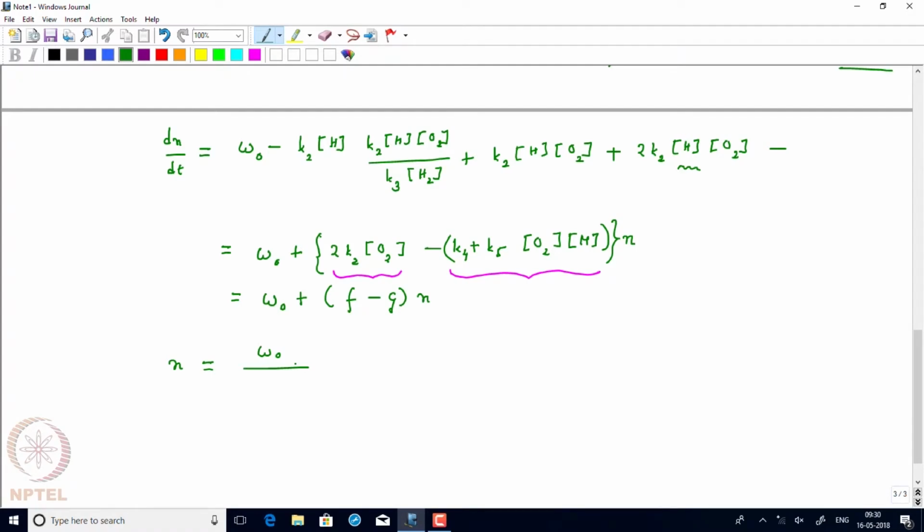And as you can see, it will be a logarithmic integration, because dx dt is a plus b into x. So what we'll do is dx over a plus bx is dt, and then you integrate, and it will be 1 over b ln of a plus bx.